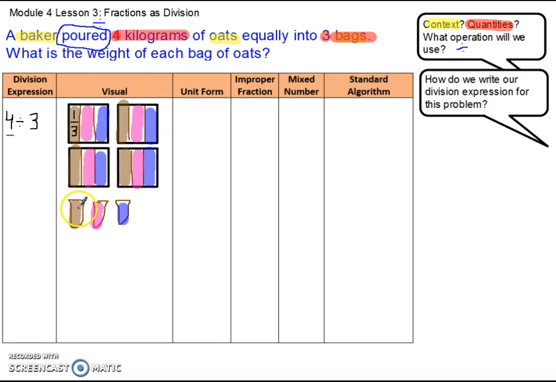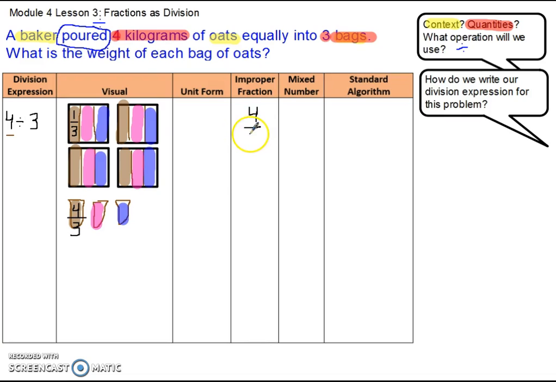And so we ask ourselves, in this brown bag, how many parts do we have? We have 1, 2, 3, 4 parts. But we also have to realize that those parts are out of a 3-part whole. So we have 4 1/3. So our answer would be 4/3, which would also be our improper fraction.